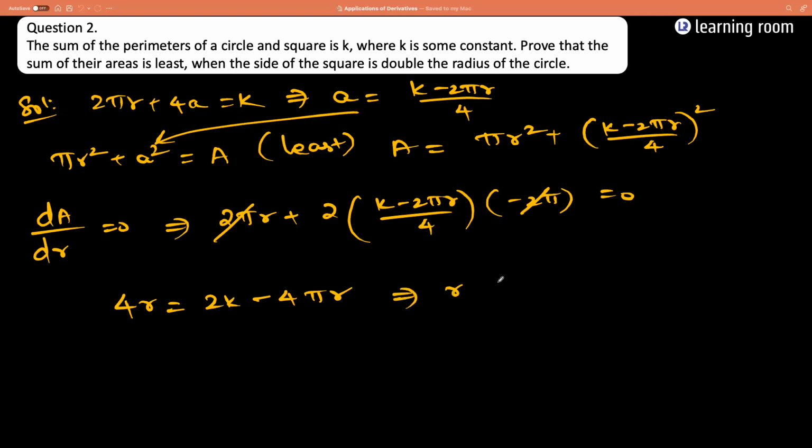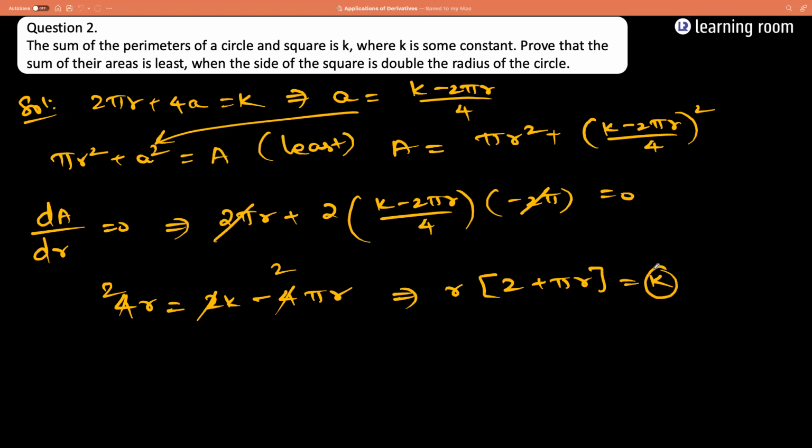So which implies r into, or I'll take this 2, this is going to be 2. So r into 2 plus pi r is equal to k. So when the side of the square is double the radius.